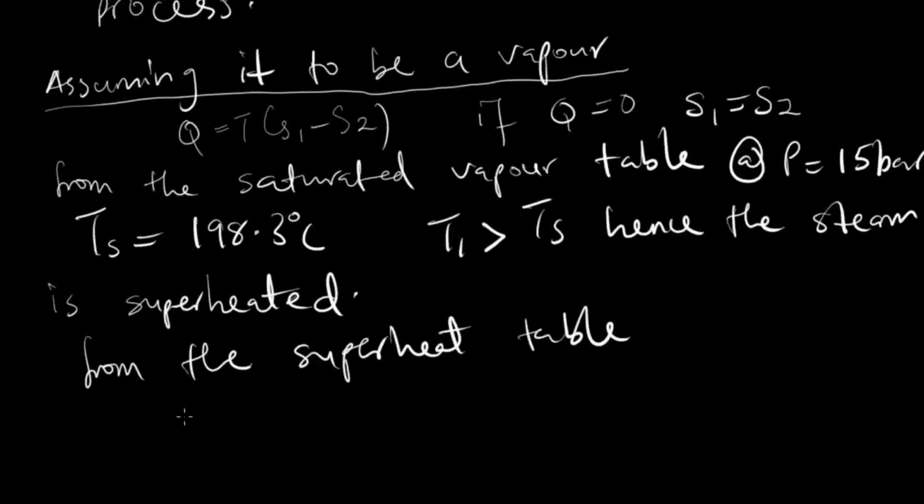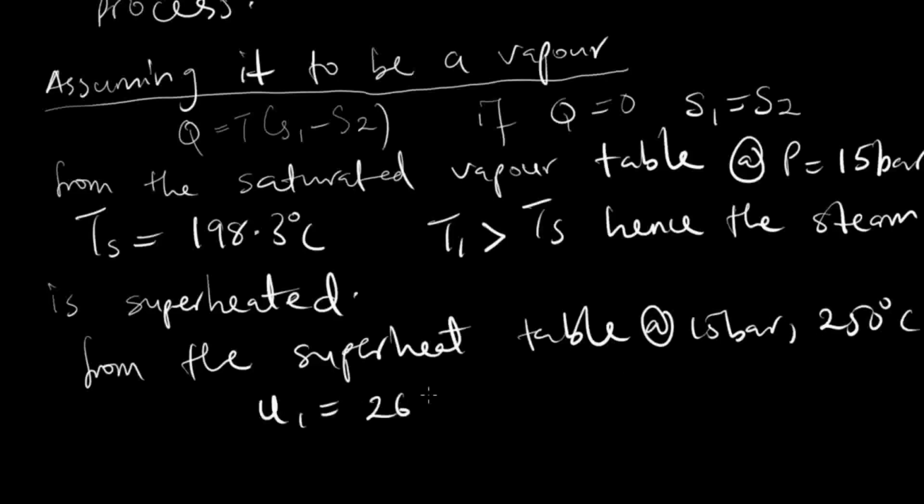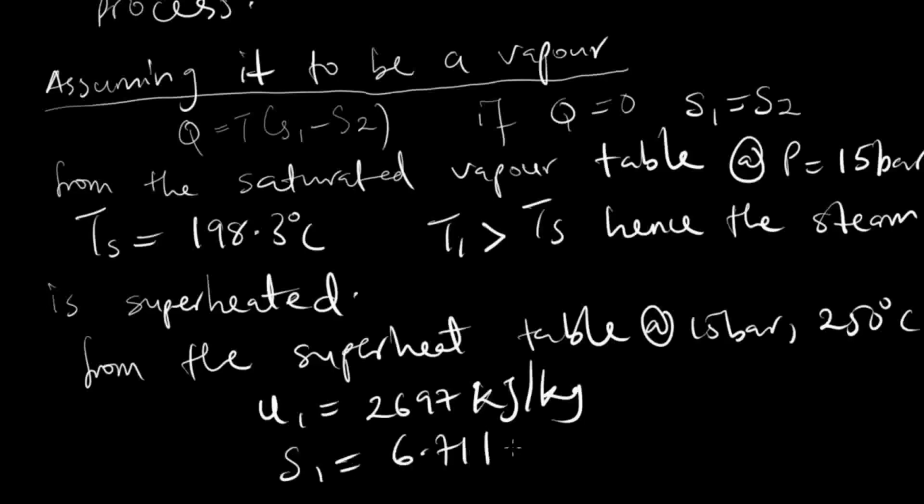At 15 bar and 250 degrees C, we have that the internal energy is 2697 kilojoules per kilogram. The entropy is equal to 6.711 kilojoules per kilogram Kelvin.